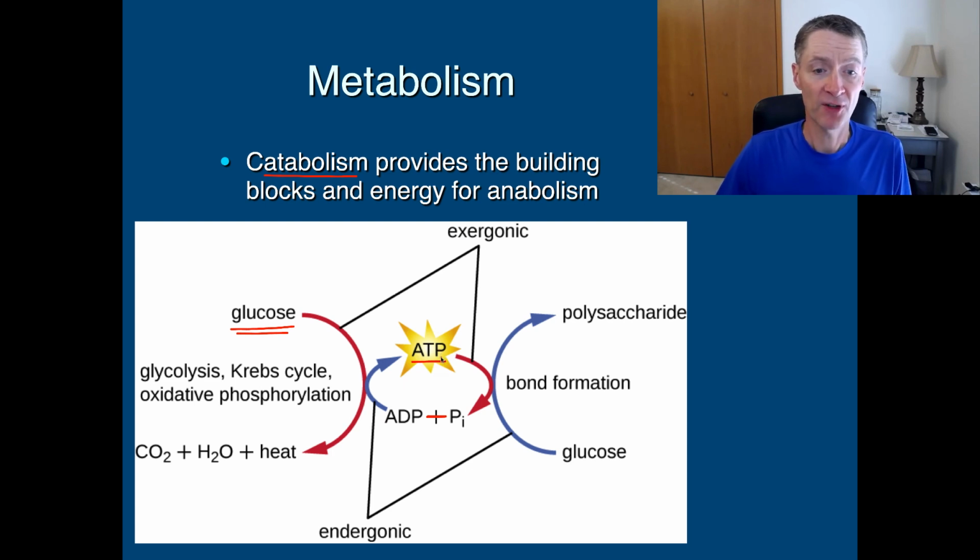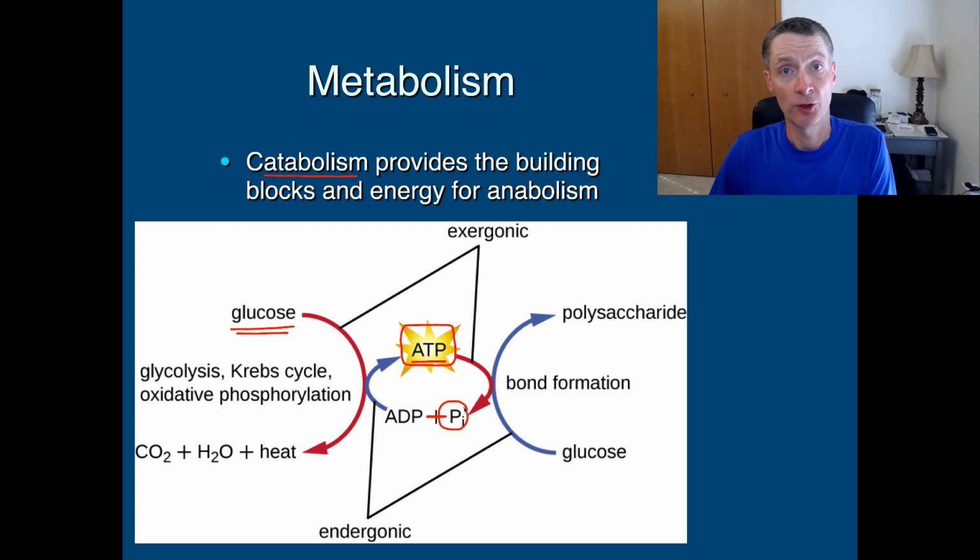Now, on the flip side, what we can do is use that ATP molecule in a living cell and turn around and re-break that bond. Break that phosphate off again. Now, the energy can be given up to form bonds elsewhere.